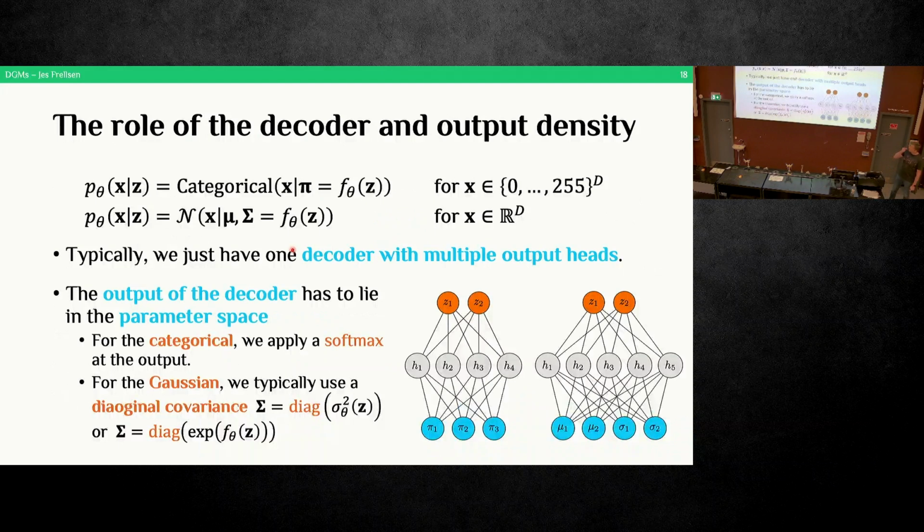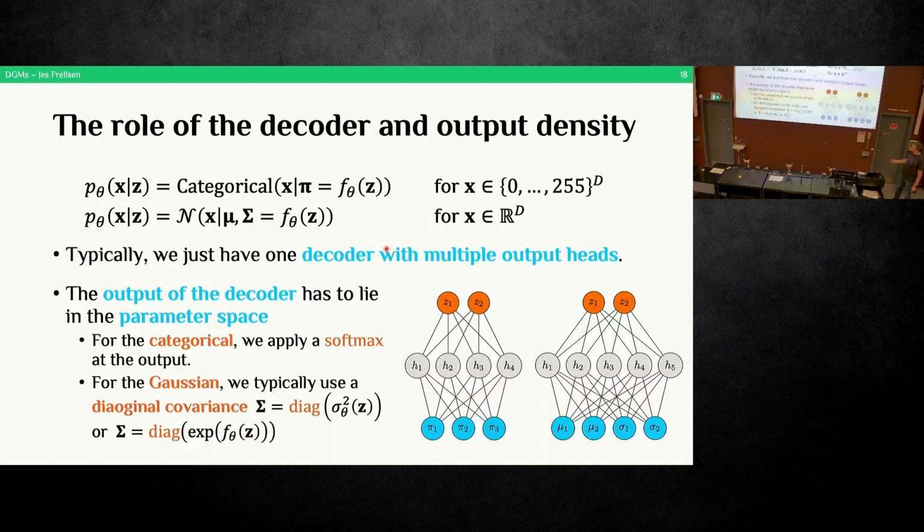So let's talk a little more about this output density. The output density is a model assumption, but it has to fit with the type of data that we are modeling. For instance, if we got discrete data, such as a grayscale image where each pixel can take values between 0 and 255, then we would typically have a categorical output distribution, where the probability of x given z is a categorical over the x's, and we set the parameters of the categorical by the output of our decoder.